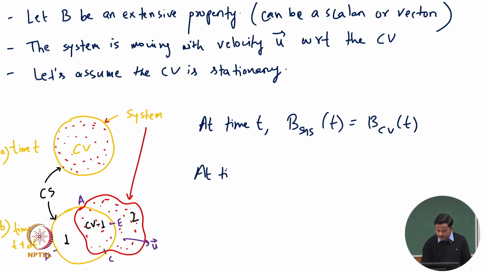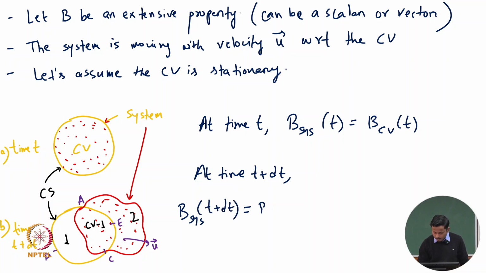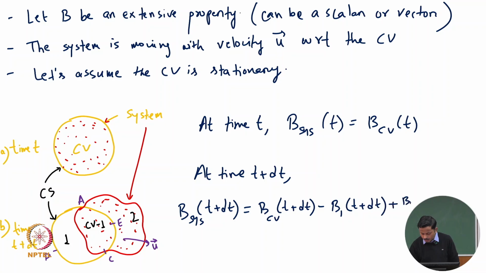At time t plus dt, we have B_system at t plus dt is equal to B_CV at t plus dt, minus B1 at t plus dt, plus B2 at t plus dt.